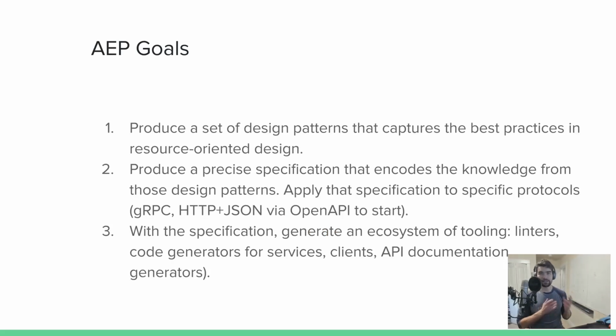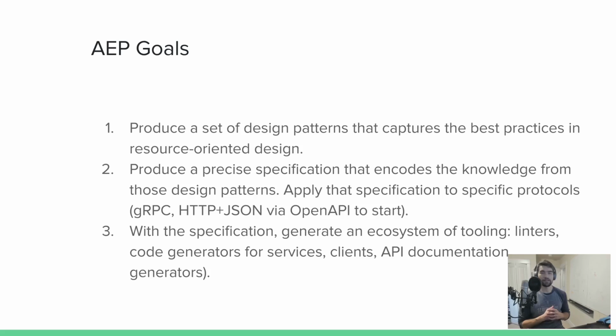So we already talked a little bit about what the goals are, but I wanted to dive into that a little bit more deeply. First and foremost, we're trying to produce a set of design patterns and best practices in resource-oriented API design. From that set, we're trying to produce a very precise specification that encodes these.